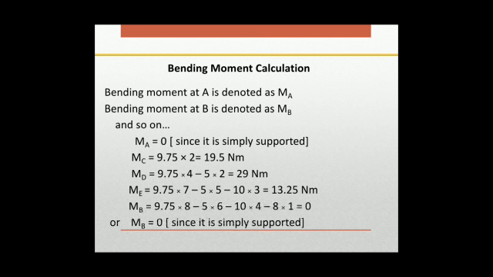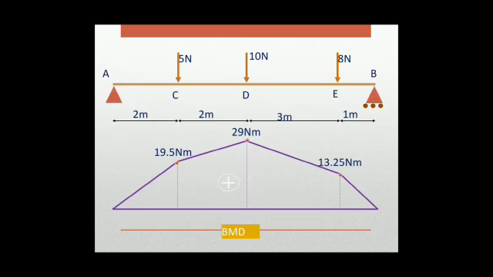Bending moment at B is equal to 0 due to simply supported. By using the above calculation, we draw BMD. Nature of bending moment diagram is sagging, because all values of bending moment are positive.